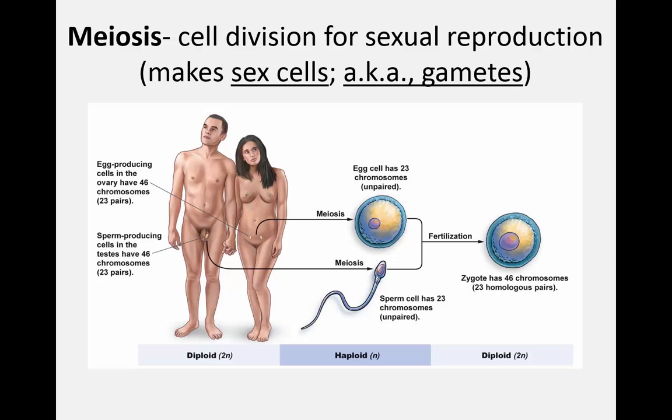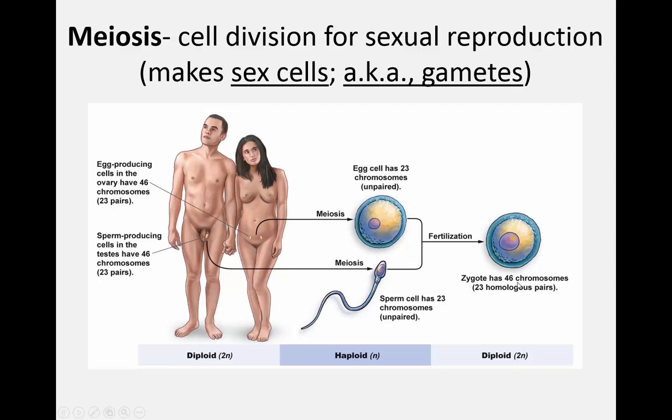So if you remember from previous lectures, we mentioned how many chromosomes are in one of our body cells in a human, and the answer to that was 46 or 23 pairs, so 46 altogether.